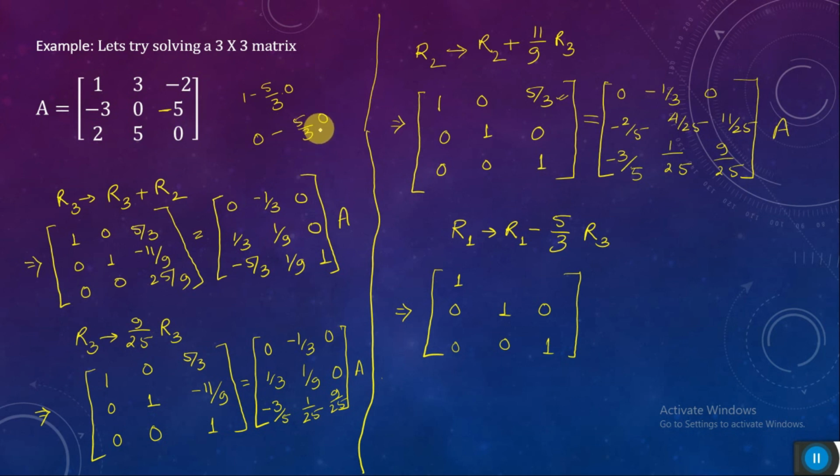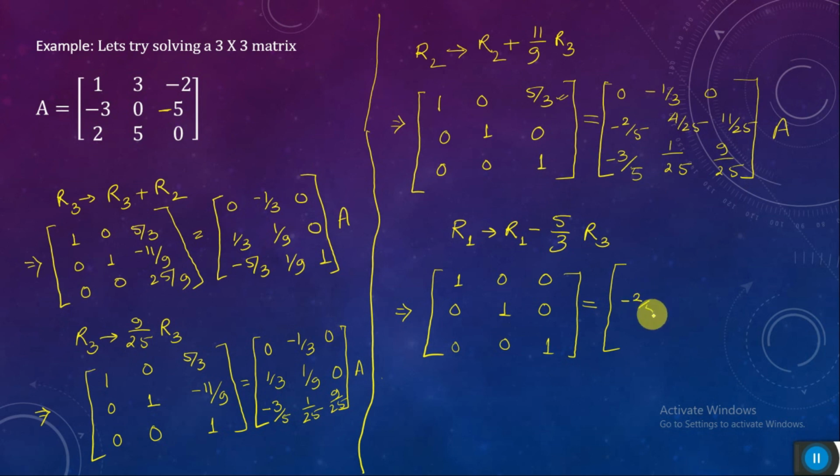Once you are done practicing, you will see that you don't have to do directly. Oh, sorry, directly you will write 0 here. Let's see. I'm showing you here, so let's find out. So this is 5 by 3 minus 5 by 3 into row 3 is 1. So this will give us 0. Clear?